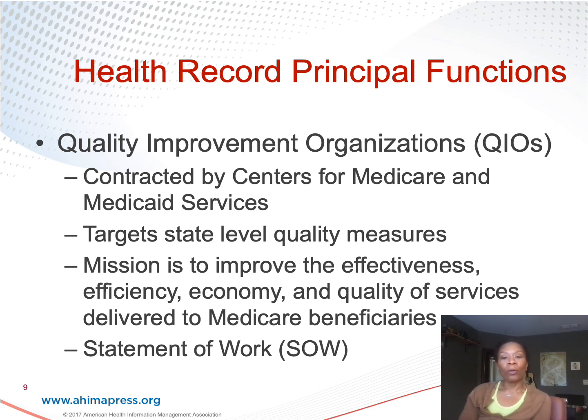The QIO contracts set targets related to CMS federal targets at the state level based on a focused set of publicly reported quality measures. The mission of this program is to provide effectiveness, efficiency, economy, and quality of service delivered to Medicare beneficiaries.